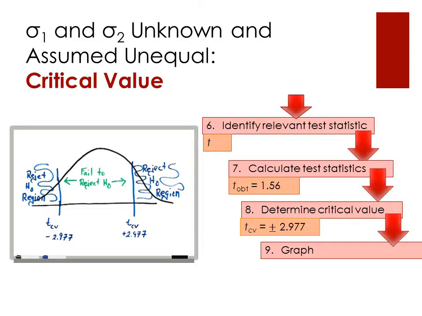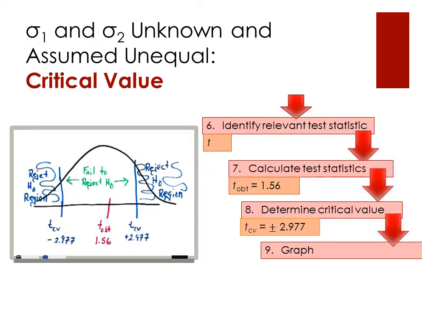It will in fact be the outside regions here that are rejecting the null hypothesis, and if it falls within those two ranges, we're going to fail to reject the null hypothesis. So now that I have that, my next step is plotting my T obtained, my 1.56. So take a moment and look at where that is going to go in this figure. It's going to go here.